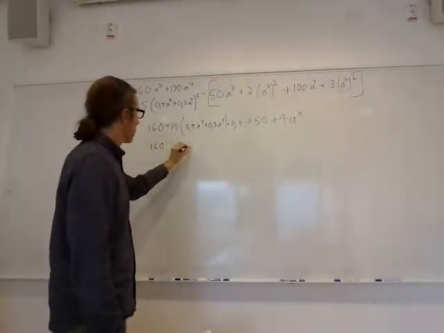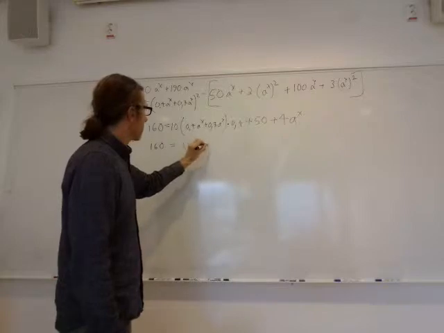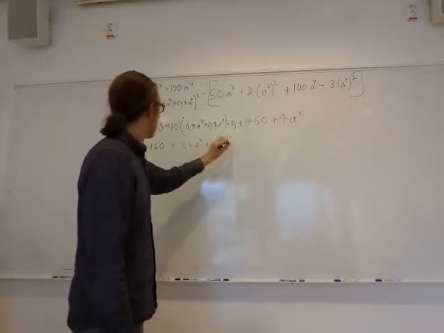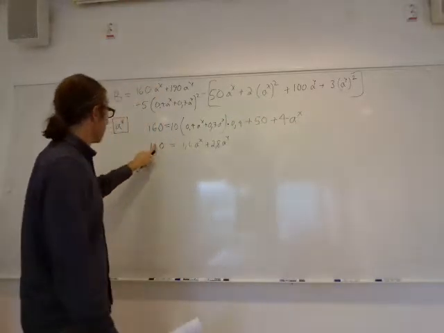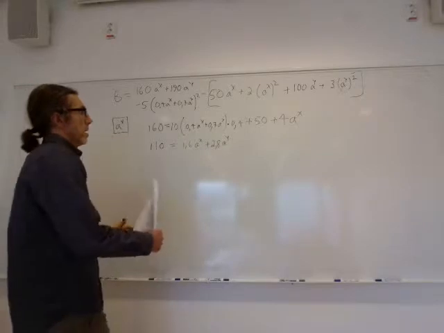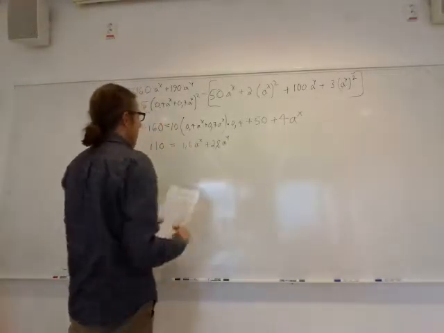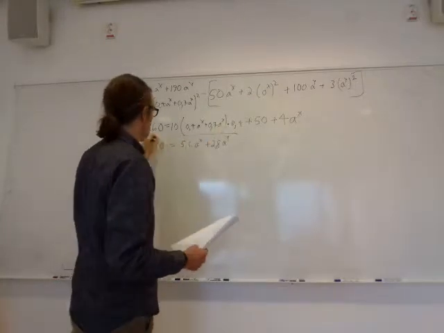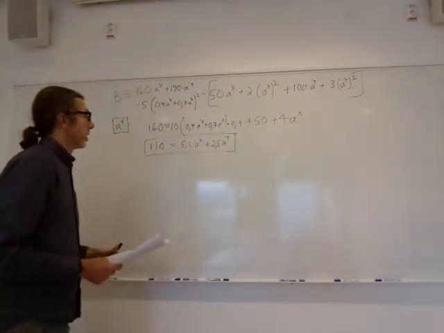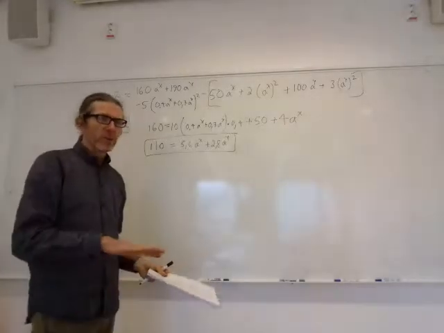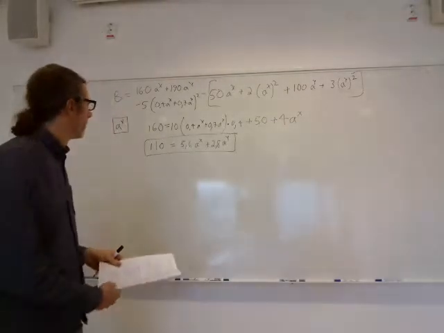So that's 1.6 AX plus 2.8 AY plus 50, we'll take that over and have 110 instead, plus 4 AX, so that's 5.6 AX. Okay, I hope that turned out right. In an exam or whatever, you should be a bit more careful.